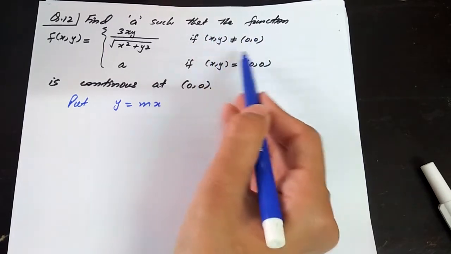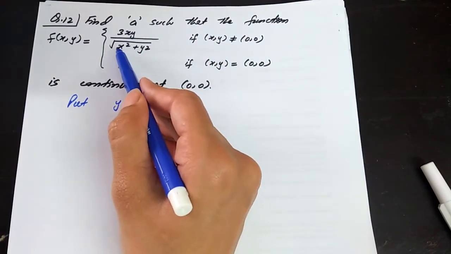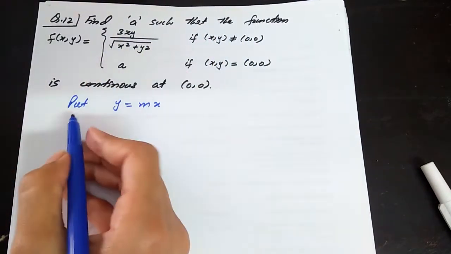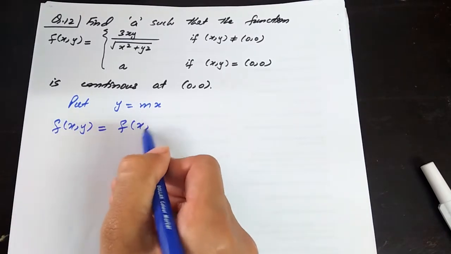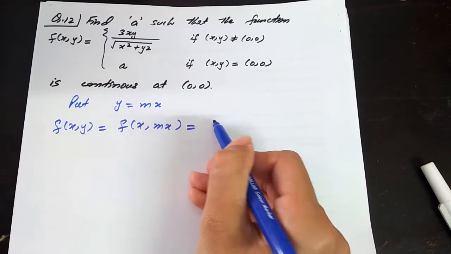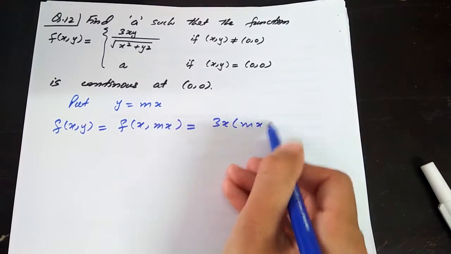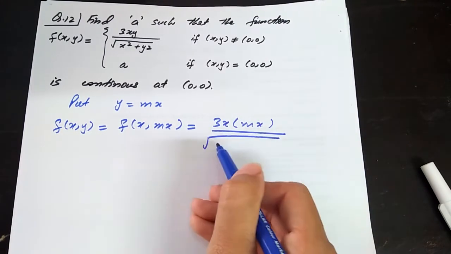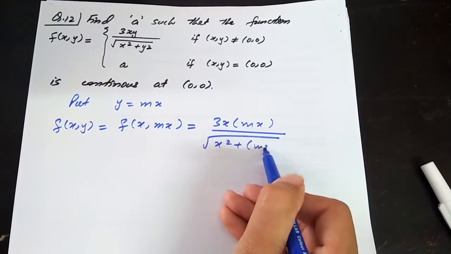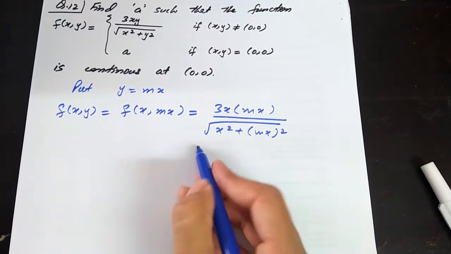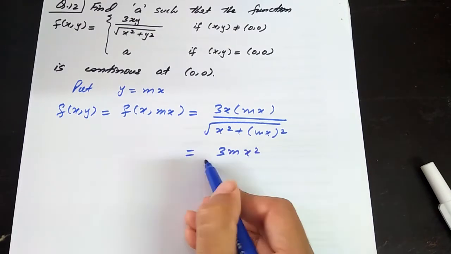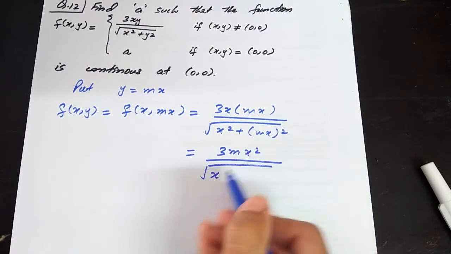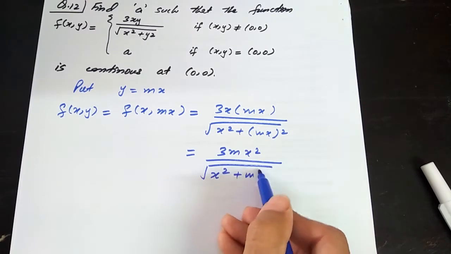So we'll use this function, that is 3xy over under root x squared plus y squared. So f(x,y) will be equal to f(x, mx), that will be equal to 3x times mx divided by under root x squared plus mx whole squared. After simplification, we'll get 3mx squared over under root x squared plus m squared x squared.